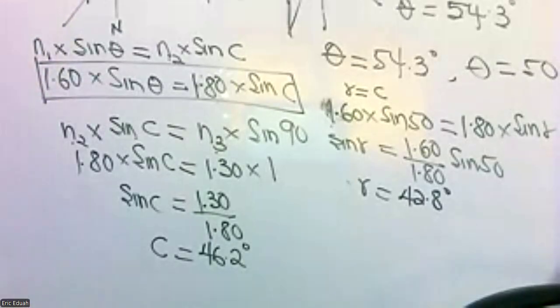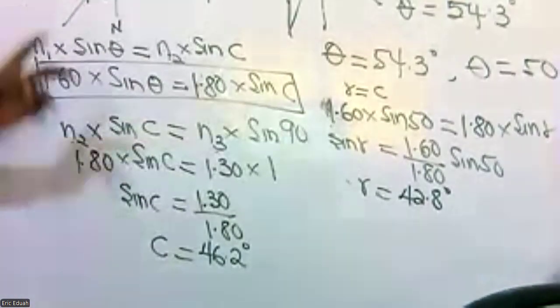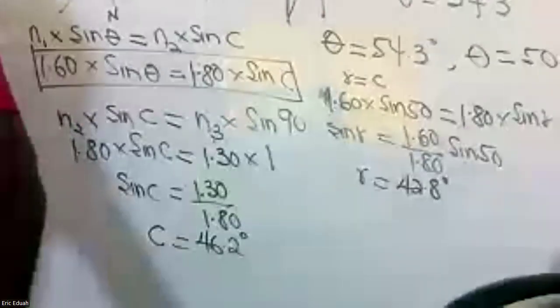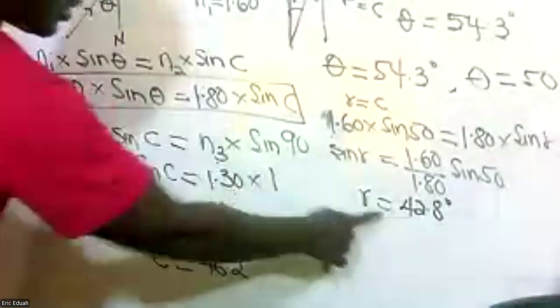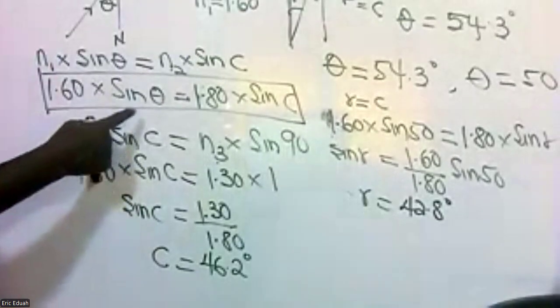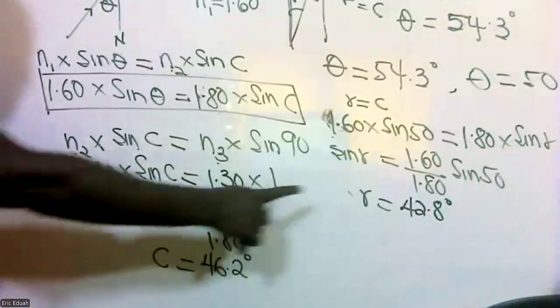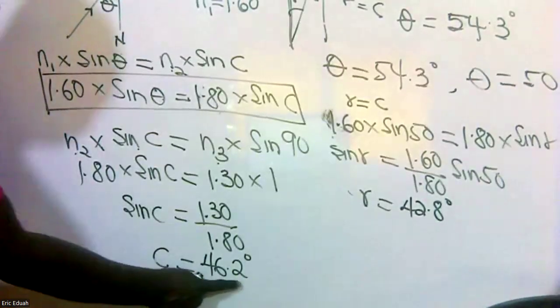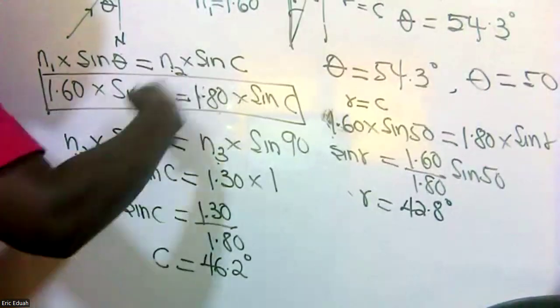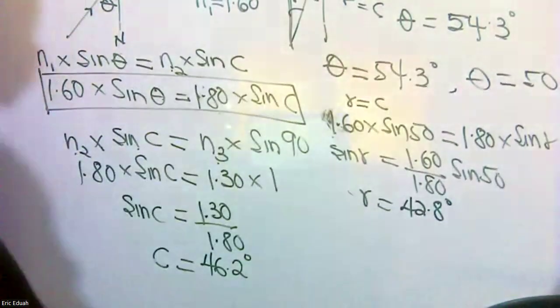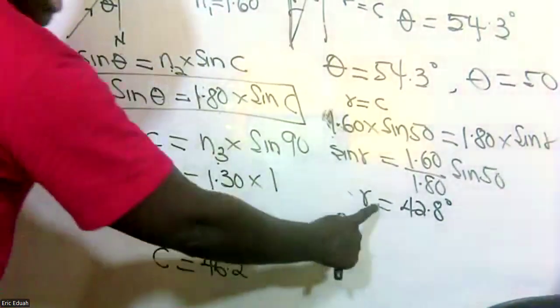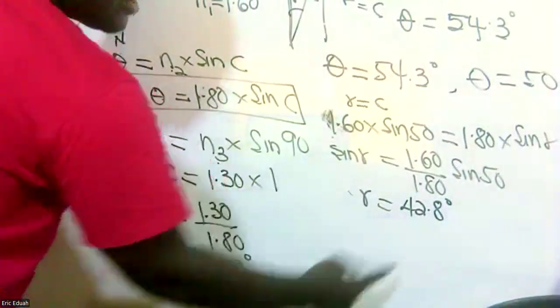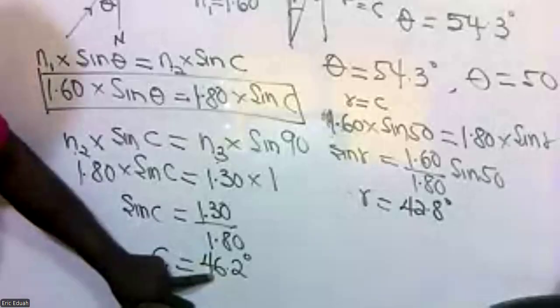If R is 42.8, then when you compare this with the original value of the critical angle C, this is less. The original value C we had was 46.2 when theta was increased. When we decrease theta, R is now 42.8, which is less than the critical angle.